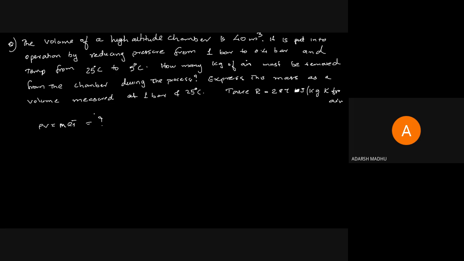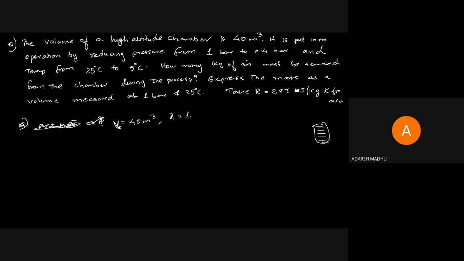Please write down the given data first. Volume is 40 meter cube. The chamber volume is 40 meter cube and it is not changing, so V1 and V2 are both 40 meter cube.